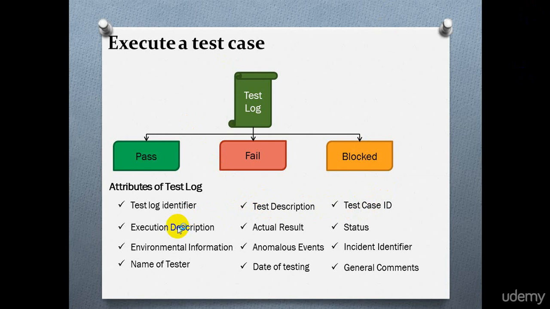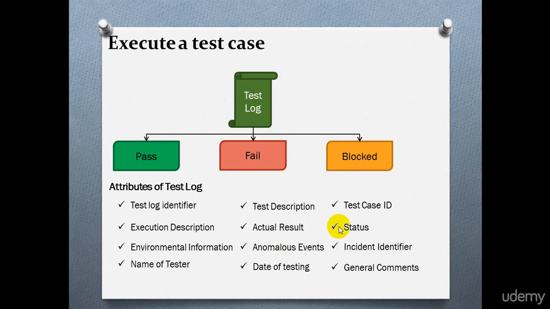Execution description, to describe the sequence of steps or actions to execute a test case. The actual result, that you observe when you execute the steps in the test case. So this actual result is coming from the application. So this is what we observe during the testing time from the application.